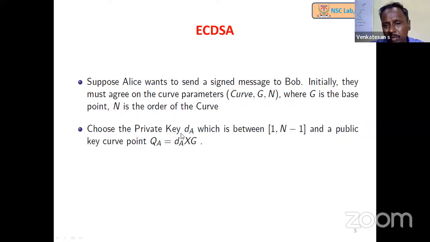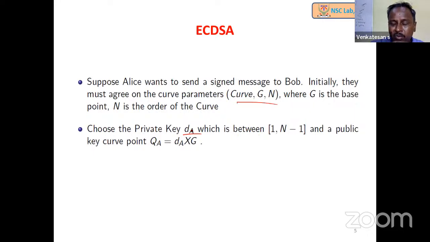So let's say these curve parameters are decided. These are what we can call the public curve parameters. And now, let's say I am the owner. I want to create a key pair, that is the private and public key pair. I choose a random number, which is a scalar value, between 1 and n minus 1.